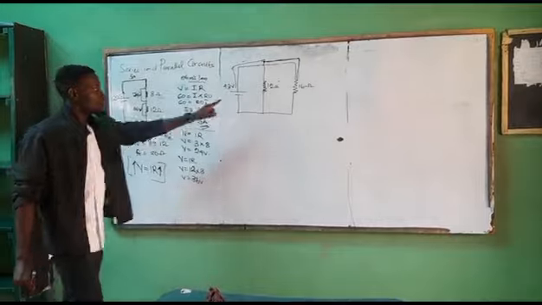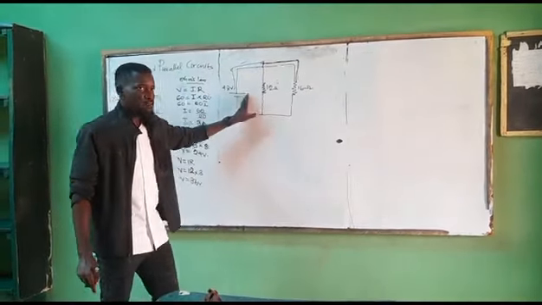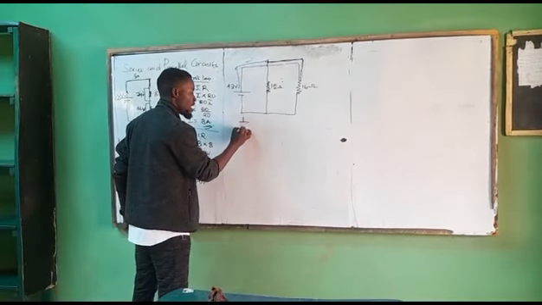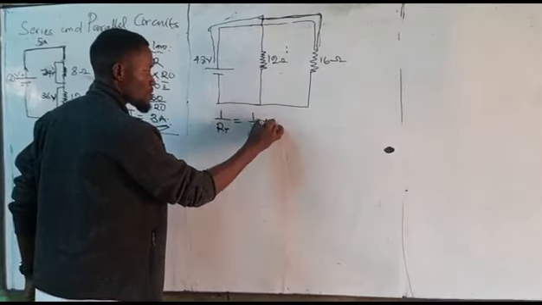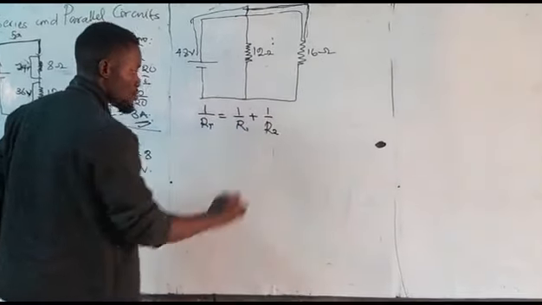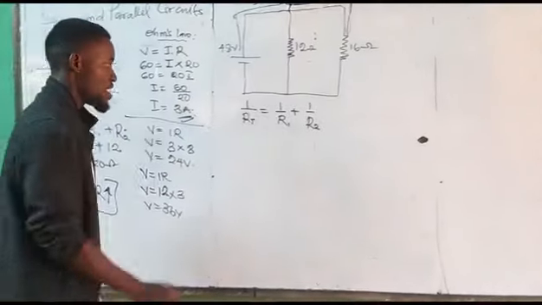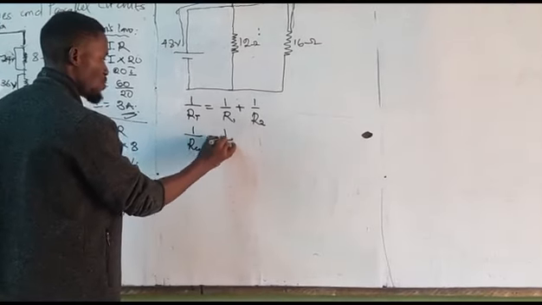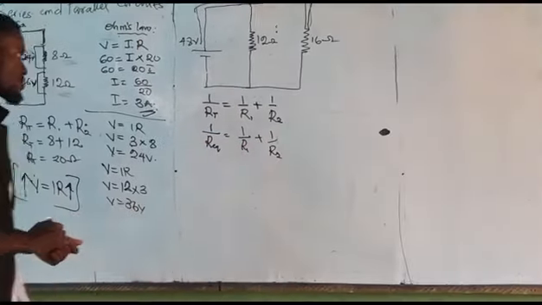Okay, so for this one also, if you calculate total resistance for circuits in parallel, we are going to have 1 over RT equals 1 over R1 plus 1 over R2. It can also be called equivalent resistance. Please don't forget that. So you can write it as 1 over R eq equals 1 over R1 plus 1 over R2.